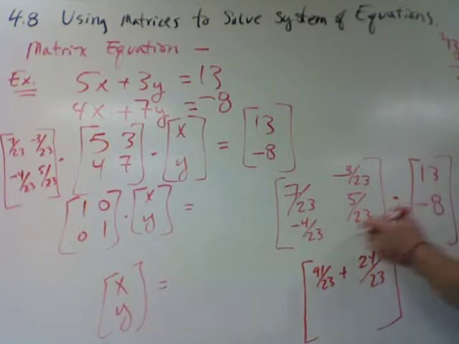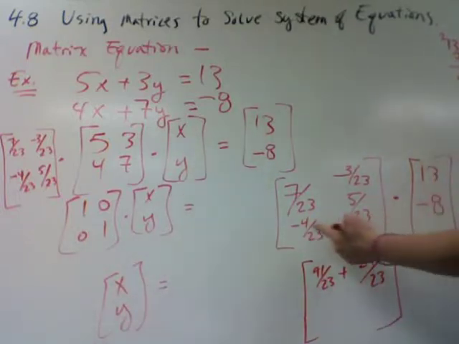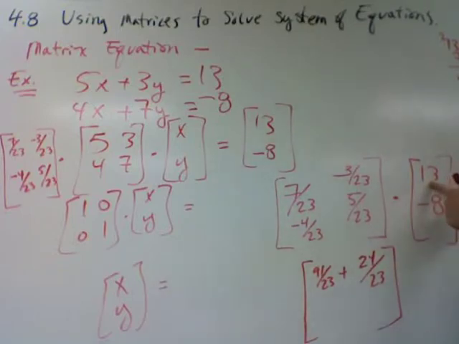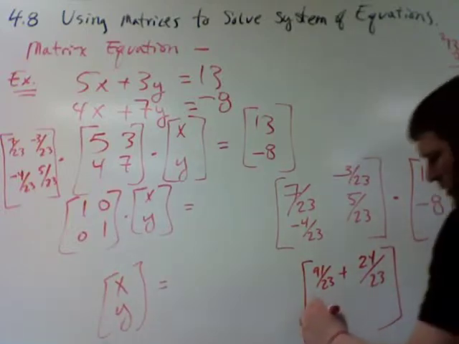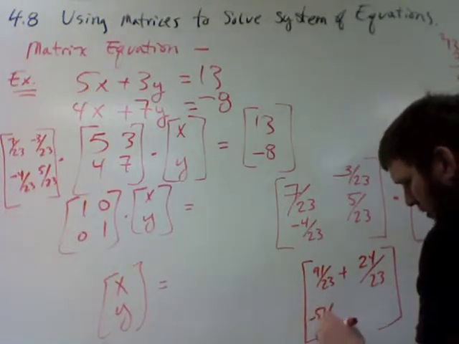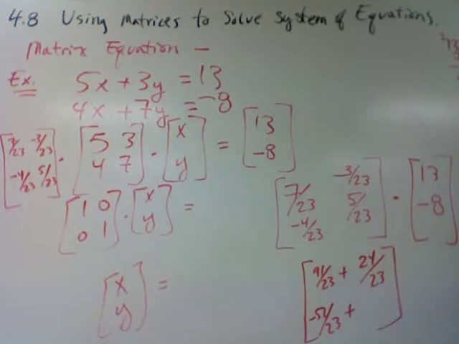Row times column, I get -4 times 13, which is -52 23rds. And then -4/23 times 8... I get -40 23rds.